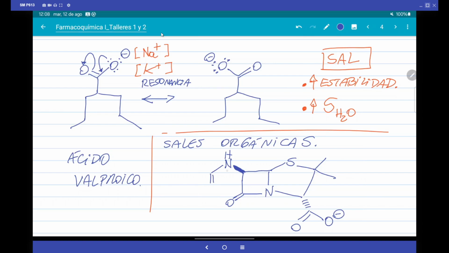Here I would be missing something. Let's see, I would have 1, 2, yes, carbonyl. This compound that is here has the possibility of existing as an organic salt.